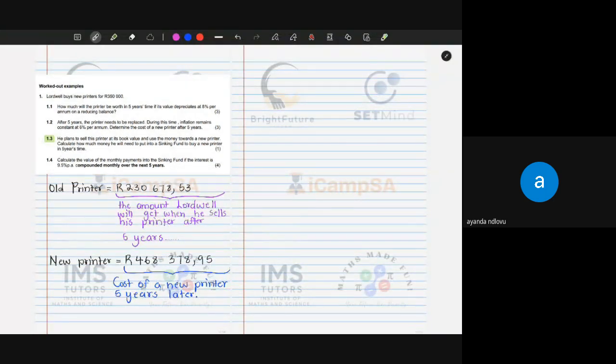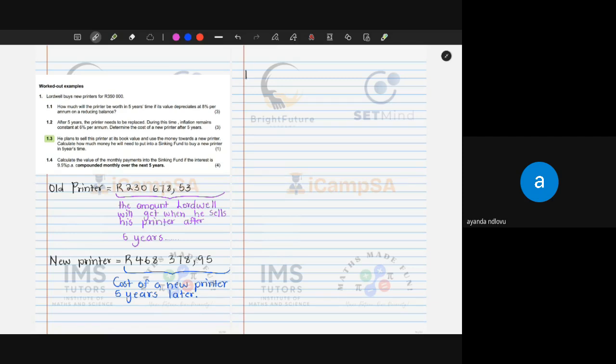But it's going to be the total amount that we need to add on top of what we are going to get out of the printer to be able to afford it. Do you agree? It is the amount we need. I'm not sure if that makes sense. Do you understand?